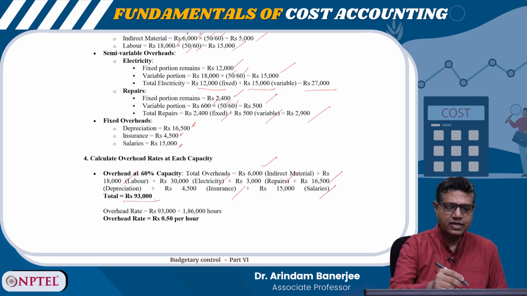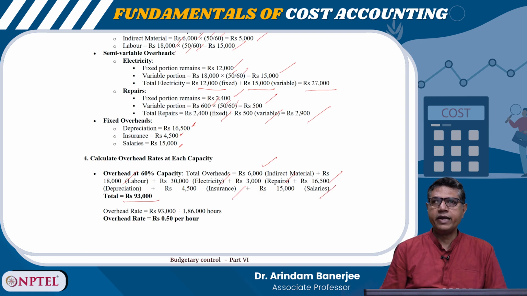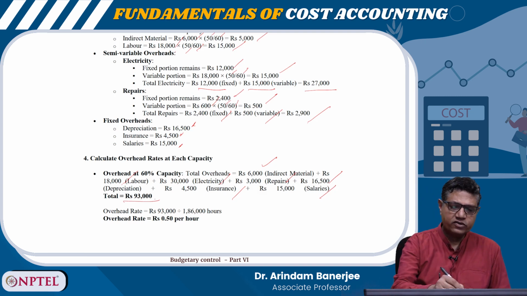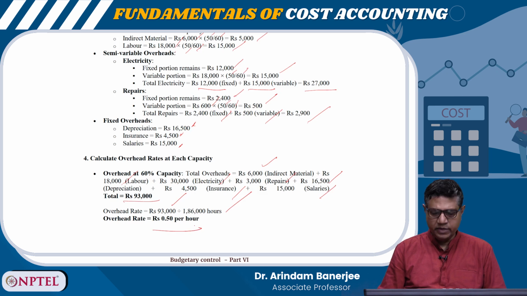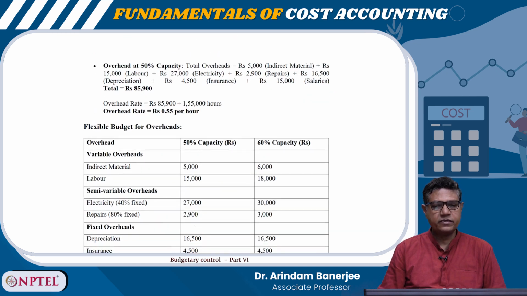So, total is 93,000. And if I divide the total overhead by the number of hours, I will get the overhead rate. So, 93,000 divided by 1,86,000 is equal to 0.50 per hour. So, this will be my overhead rate at 60% capacity, okay.